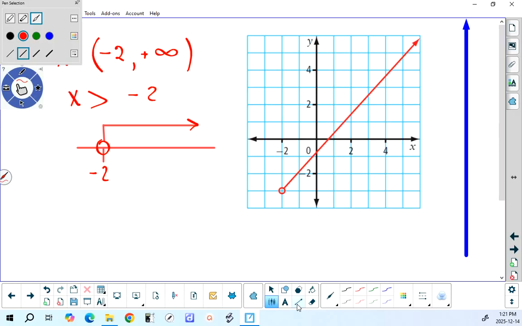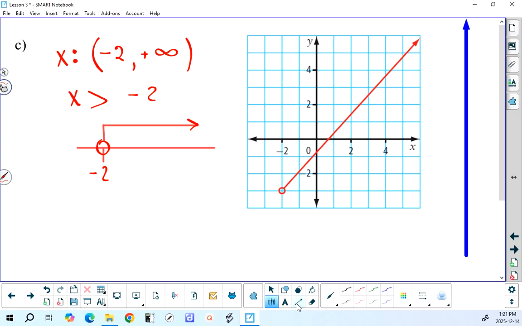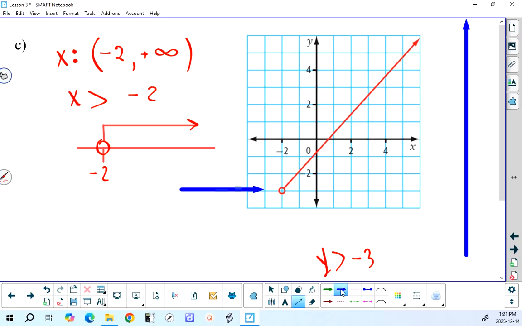With our range, the minimum value of y is -3, so we could write y is greater than -3. Just to show that to you, here's the minimum value of y, negative 3 vertically. Of course, it can't be equal to it, so we don't say y is greater than or equal to it. We just say y is greater than negative 3.